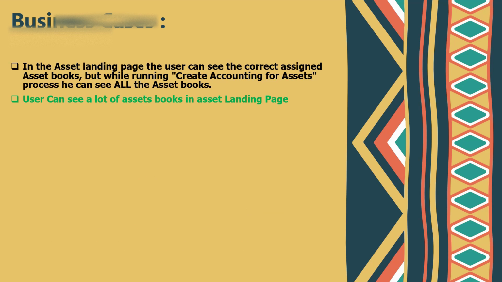The second business case is related to the first, that the user also can see a lot of asset books in the assets landing page. So let's take them one by one and let's get into the application.